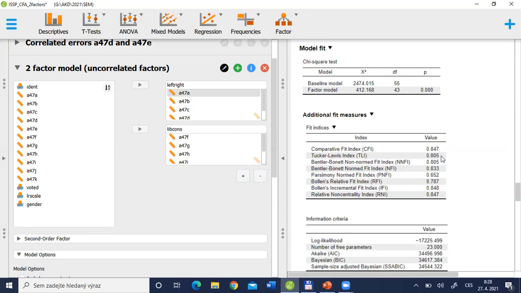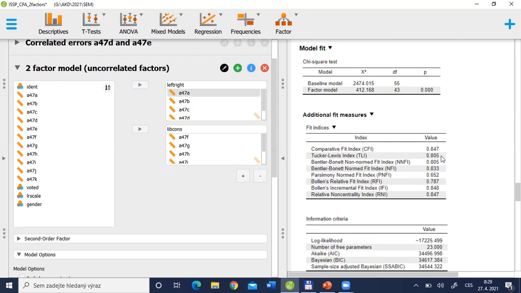What was a recommendation that we discussed repeatedly during lectures? What is the recommended threshold for these fit measures? CFI should be above 0.9.